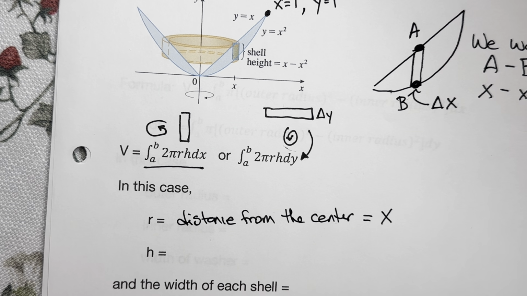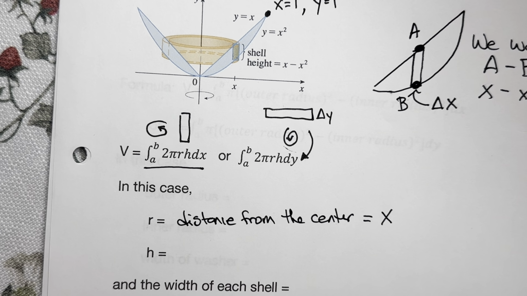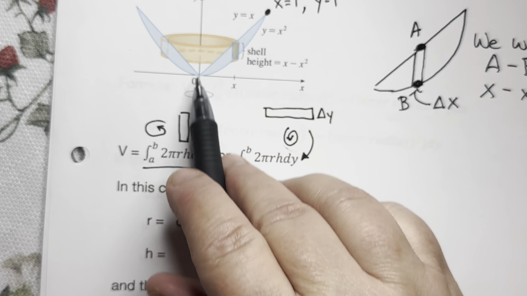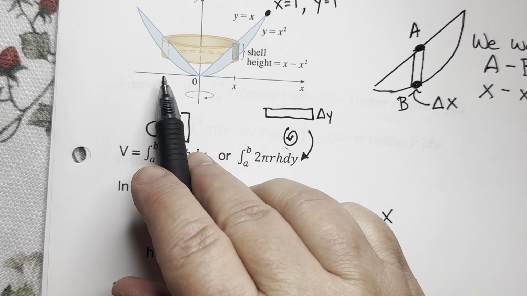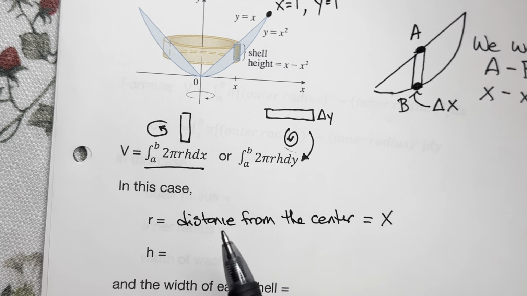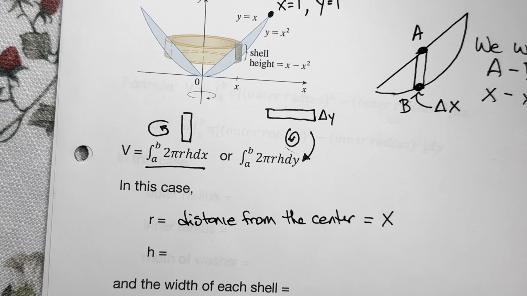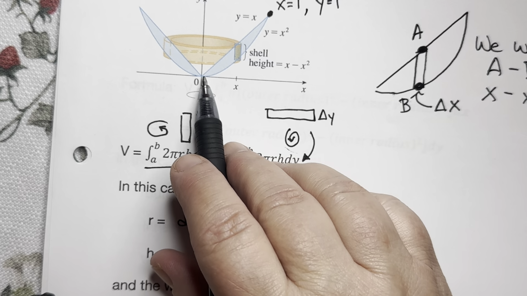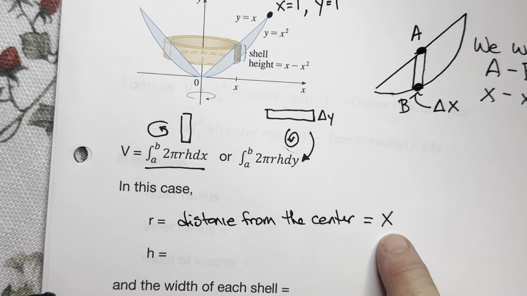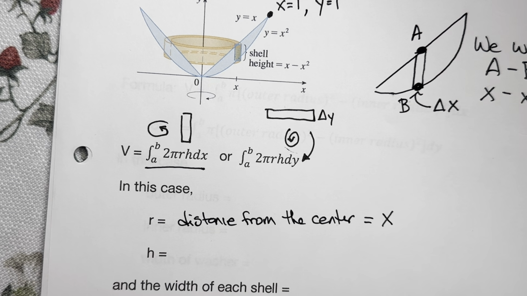Isn't that convenient? Now, when would it not be x? Well, remember a couple of videos ago, instead of revolving around the y-axis, we went to like x equals -1, and then everything was bigger than x, it was x plus 1 or x plus 3 or something bigger. That's when this would be different. As long as we're just moving out from the axis, generally the radius is just going to be x, or in this case it would be y.